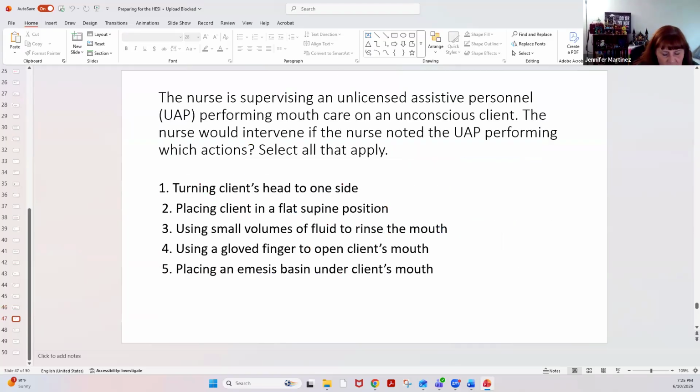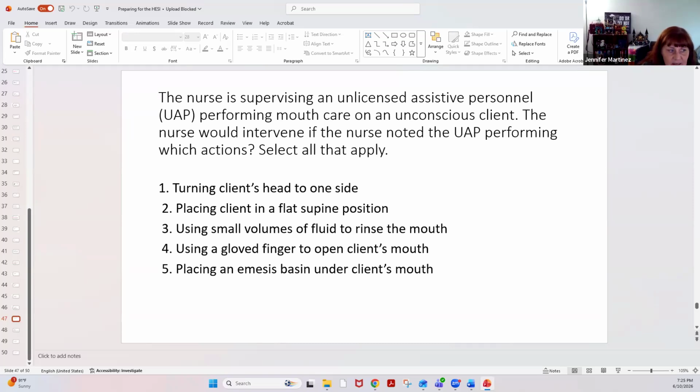All right. The nurse is supervising an unlicensed assistive personnel performing mouth care on an unconscious client. The nurse would intervene if the nurse noted the UAP performing which actions. Select all that apply. One, turning the client's head to one side.